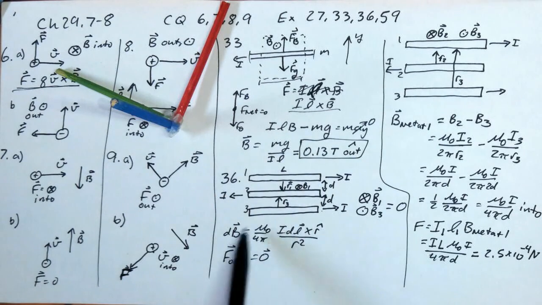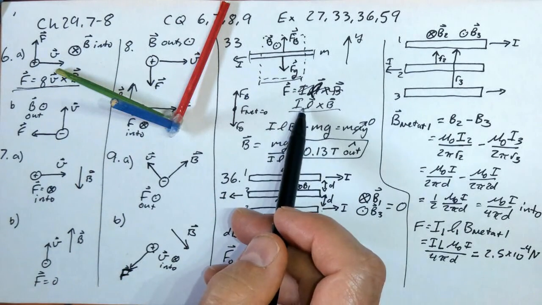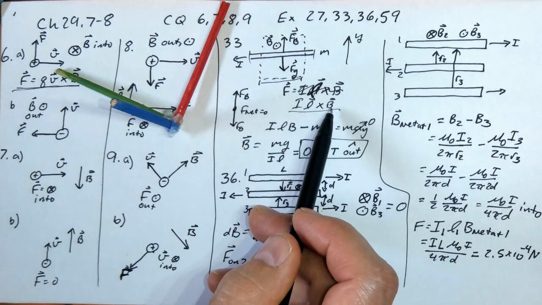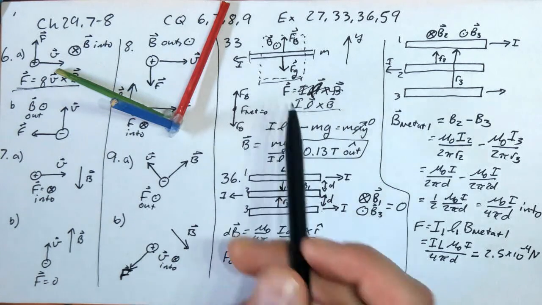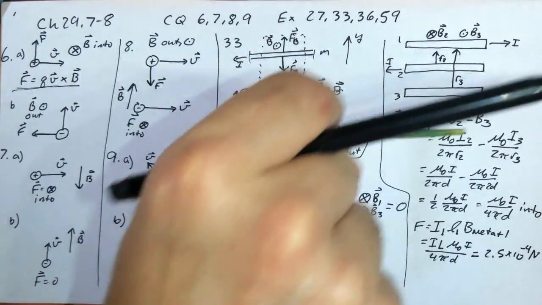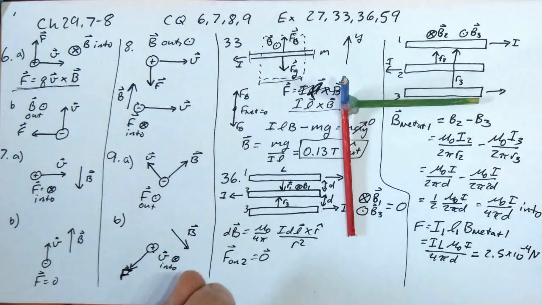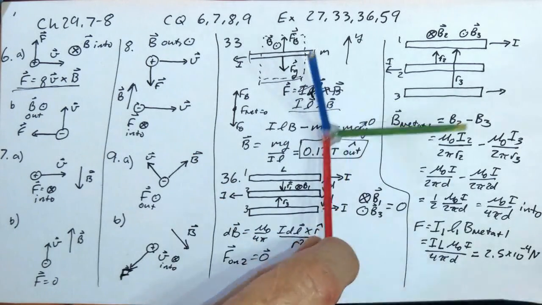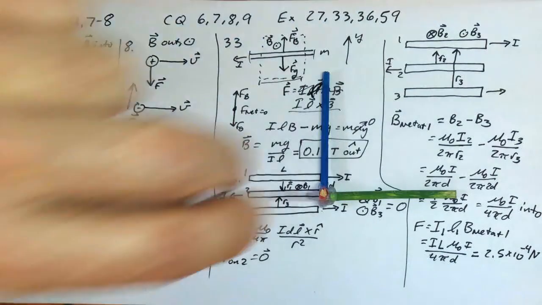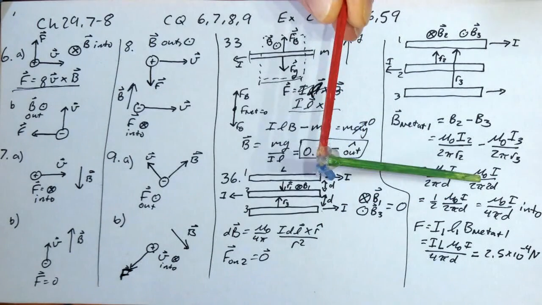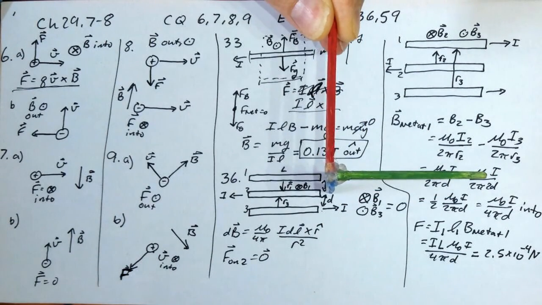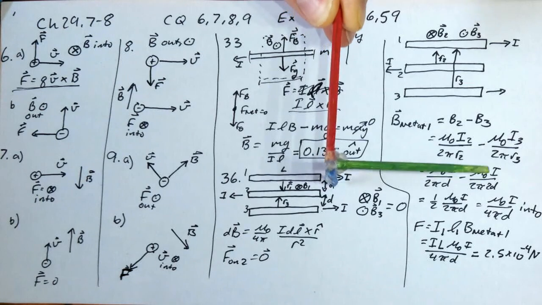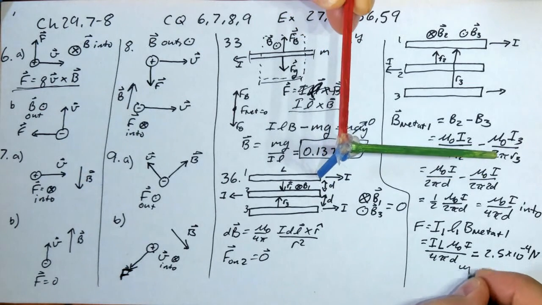So the first thing is the current, the second thing is the magnetic field, the third thing is the force. So our current, the thing being acted on, I1, is pointing that way. The B field that's acting on it is our blue. It is into the page, which means the force on 1 by 2 and 3 is upward. So that's upward.